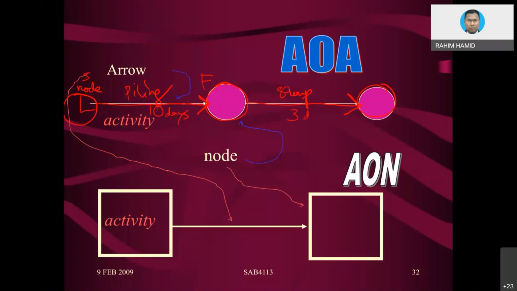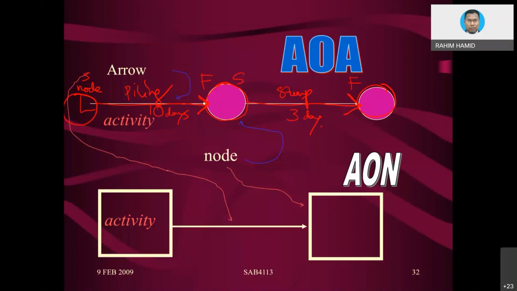Stum will basically start after piling is completed, starting on the left side, and on the arrowhead it will finish. So from here, in the AOA diagram, I have already drawn 2 activities. This is how an AOA diagram is drawn.